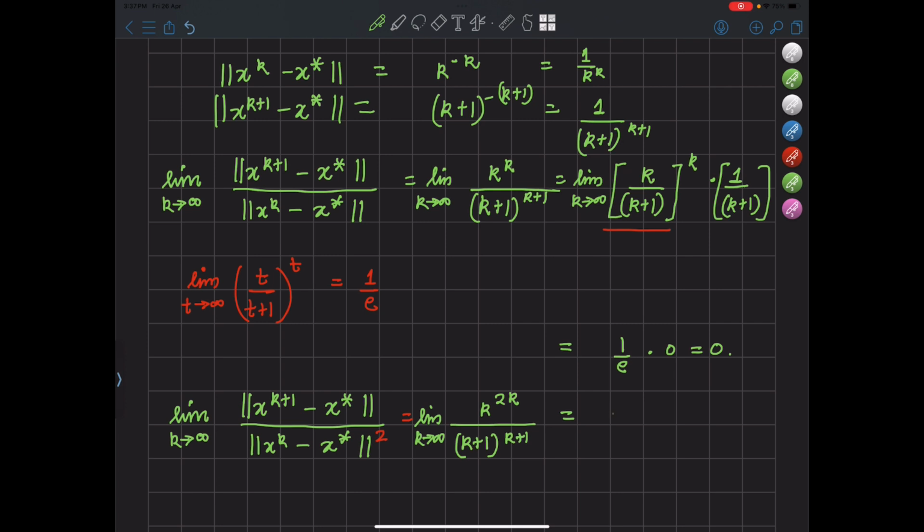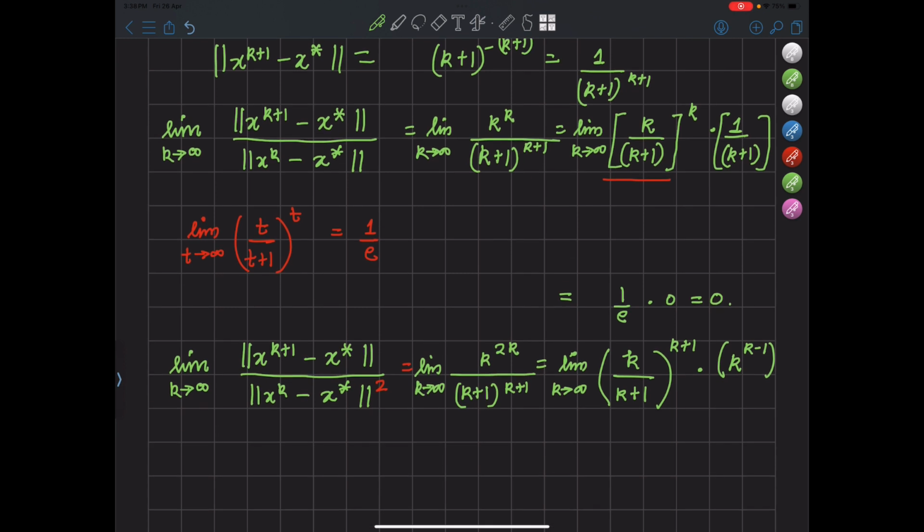This will be equal to k upon k plus 1 the whole to the power k plus 1, limit k tending to infinity, into k to the power k minus 1. Alright, is this correct? I think it's correct.